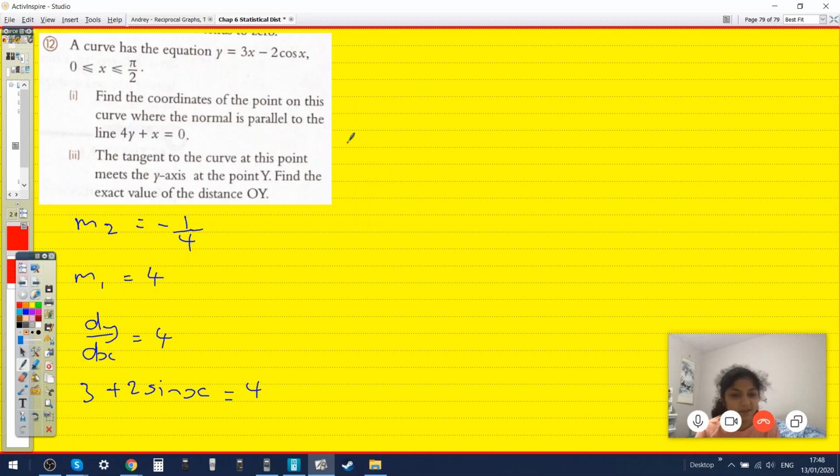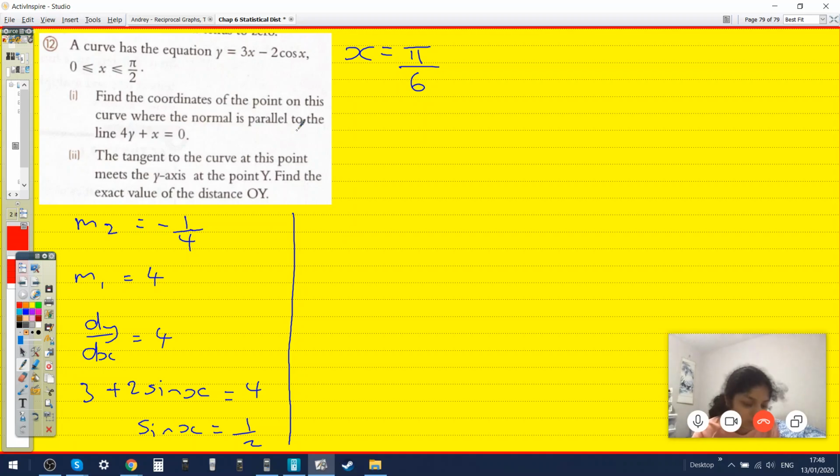So 2 sine x is equal to 1, and sine x is equal to half. So x is equal to pi over 6.